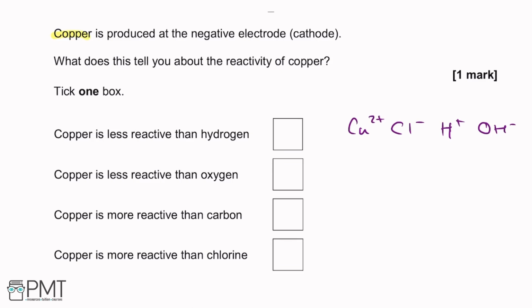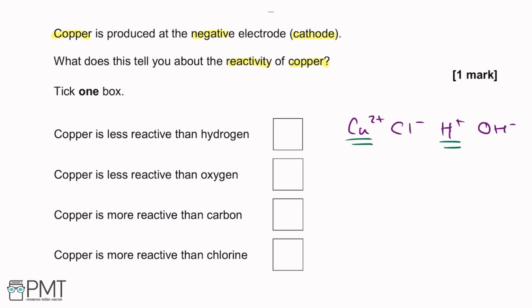Copper is produced at the negative electrode, the cathode. What does this tell you about the reactivity of copper? So, the negative electrode is going to attract positive ions. So from what we discussed before about the ions present, we're now thinking about the copper ions and the hydrogen ions.